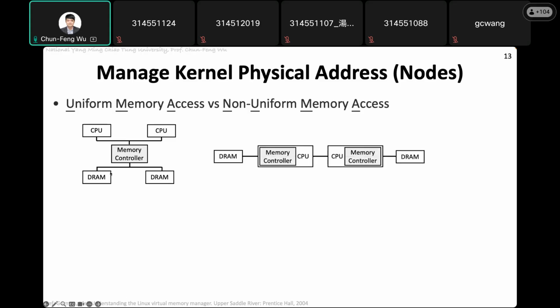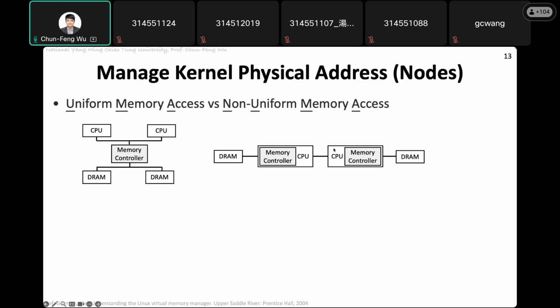But after 2019, Intel integrated the memory controller into the CPU. After that, each CPU can directly connect to the DRAM. So you can see these structures in most servers and workstations. If you have 2 CPUs now, they use this kind of non-uniform memory access pattern, the NUMA pattern.